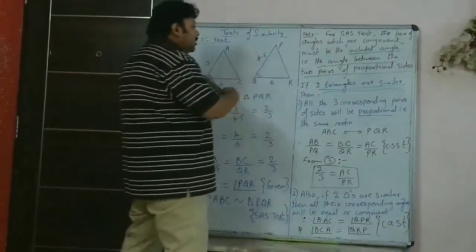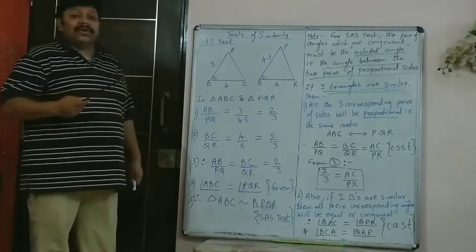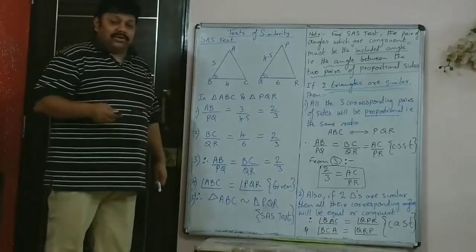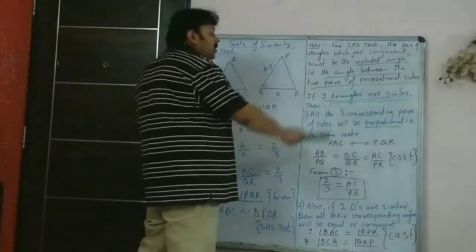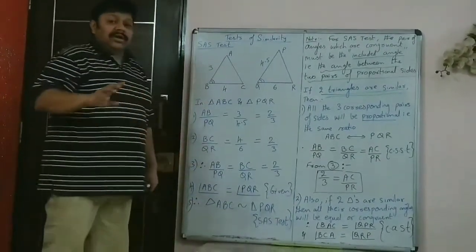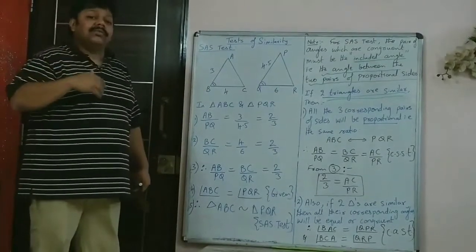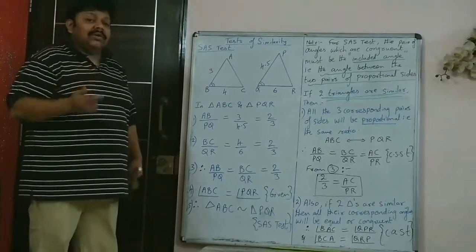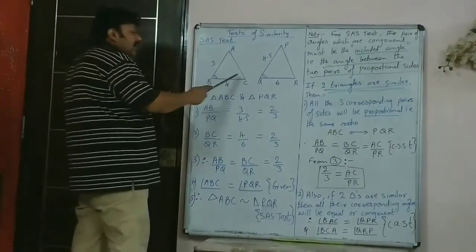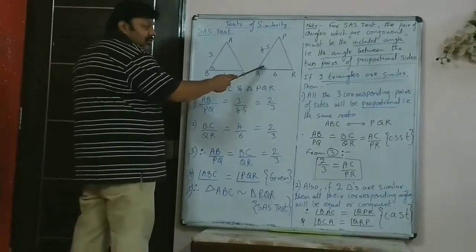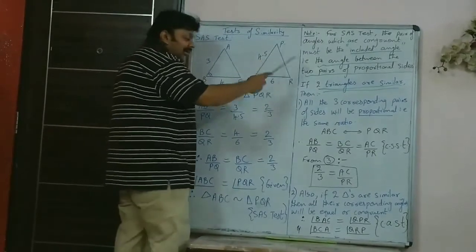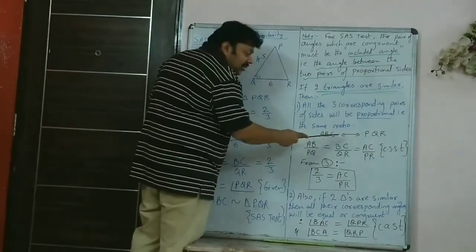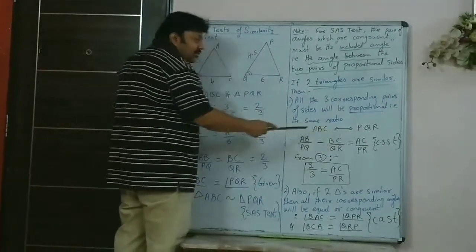And the other two pairs of angles, which are not mentioned as congruent, will also be congruent. That's if the two triangles are similar. If two triangles are similar, then all three pairs of angles will be congruent. So B was already given congruent to Q. So now A will be congruent to P, because that's the one-to-one correspondence.